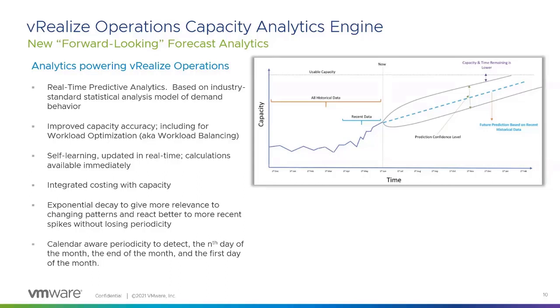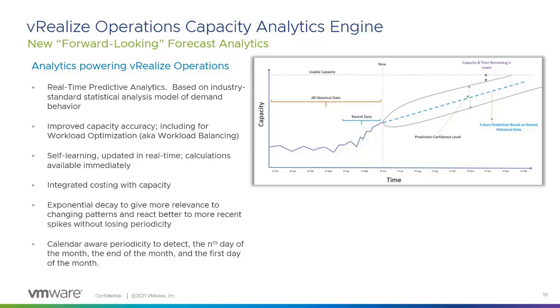Every 5 minutes, a new data point comes in, and then the projections get updated to figure out what the system thinks this workload will do into the future. We call this real time because it redoes the analytics every time a new data point comes in, every 5 minutes, and it adapts and learns the behavior of the workloads over time.